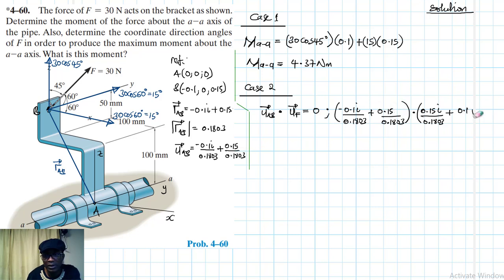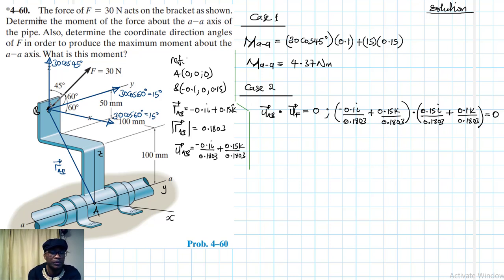Sorry about that. So this is K, and this is K, right? So this is going to be equal to 0.1 K divided by 0.1803. And then we are saying if we did the multiplication of this, it is going to give us 0. Alright.